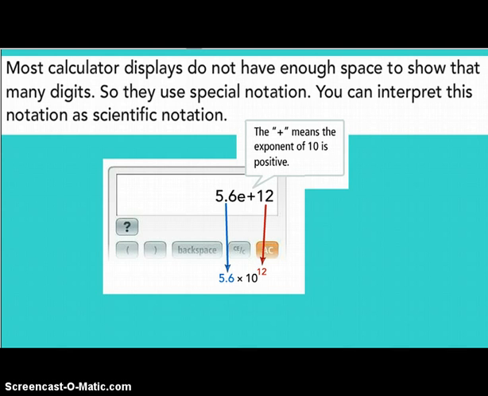The plus sign means exponent of 10 is positive. That exponent of 10 is 12. 5.6 is in scientific notation. So we have 5.6 times 10 to the 12th power is how you would read that number.